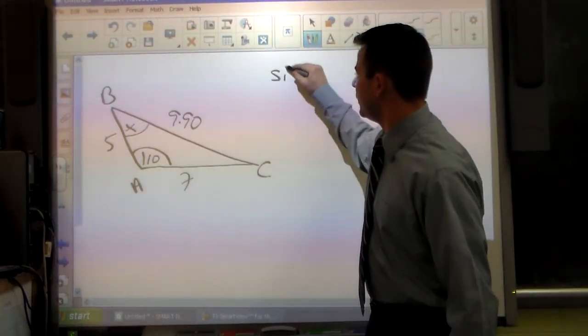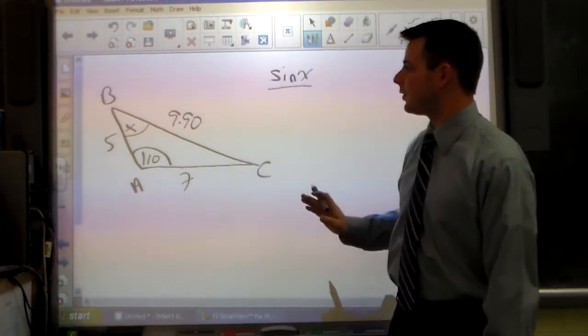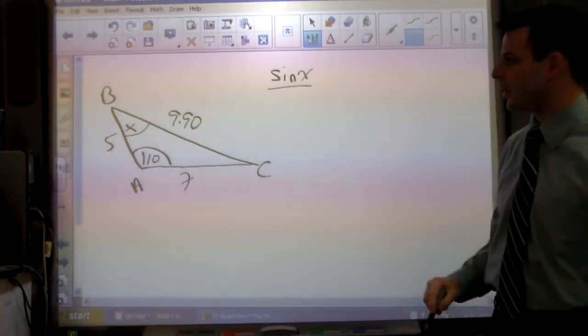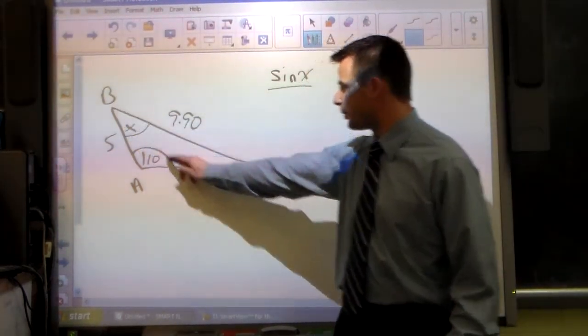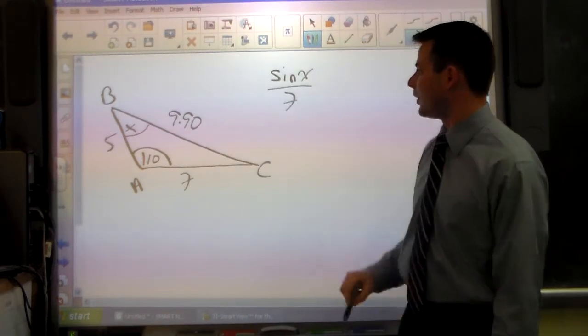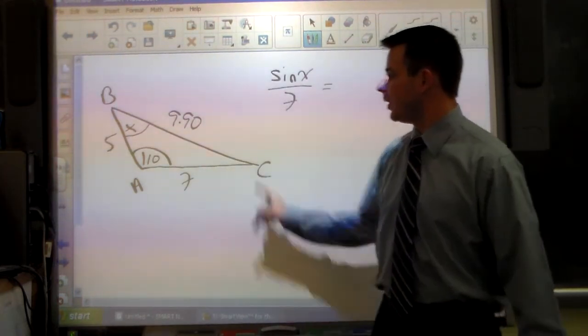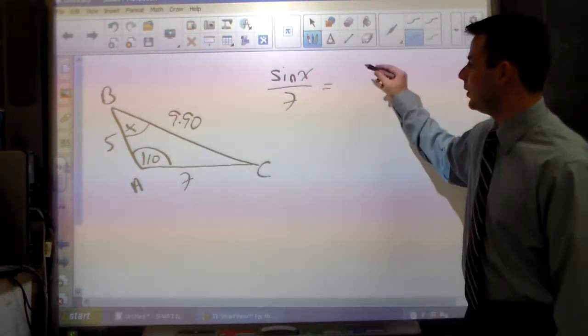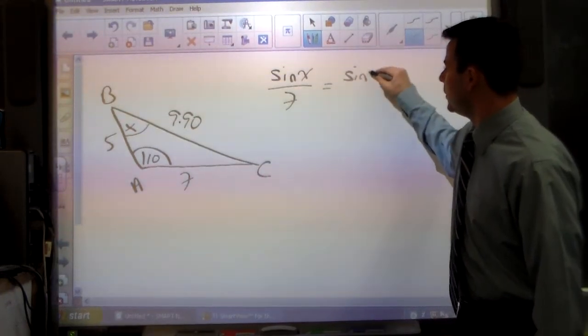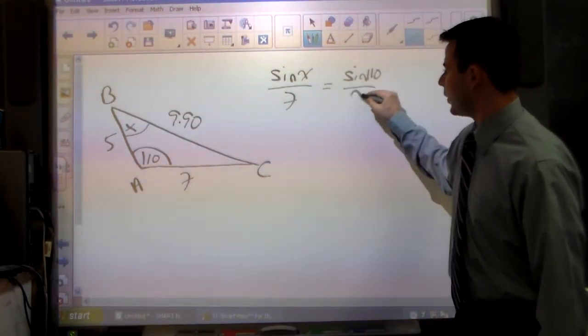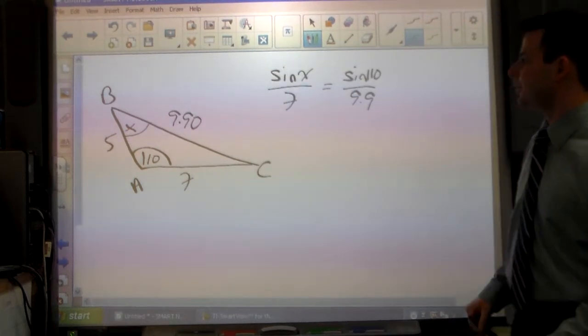So the sine of our unknown over, then you have to say, well, what goes underneath the sine of X? Well, the sine of X, the opposite side is 7, so the denominator will be 7. Equals sine of 110 over 9.9.